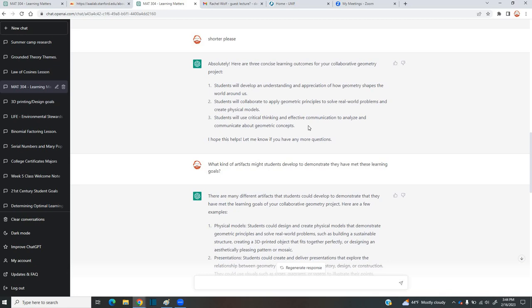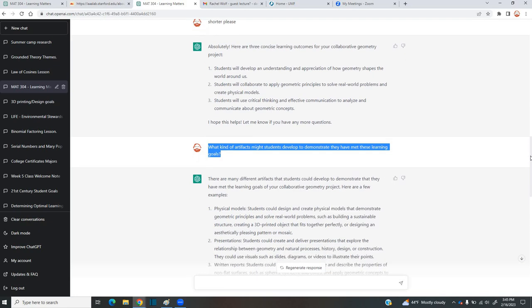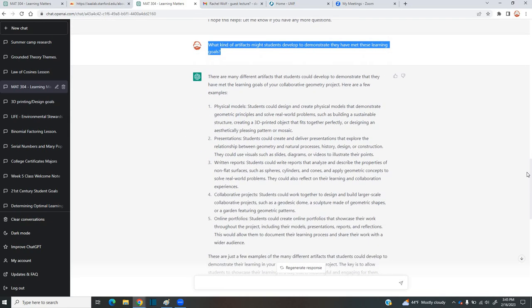And so, one of the students wrote this down in a Google Doc, and that's the beginning of our self-planned lesson. We said we're going to have some sort of assessments for ourselves to demonstrate that we have learned what we want to learn. So we asked, what artifacts might we use to demonstrate we've met these learning goals? There were quite a few examples listed here.